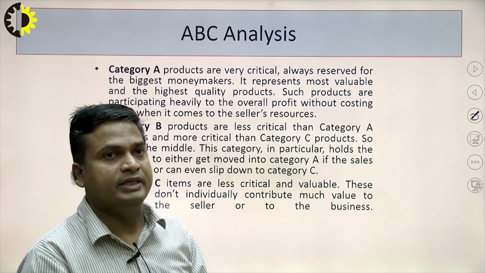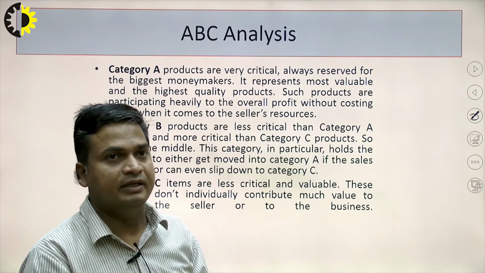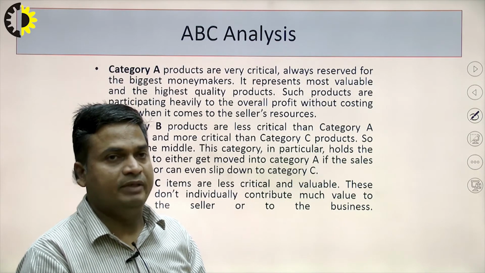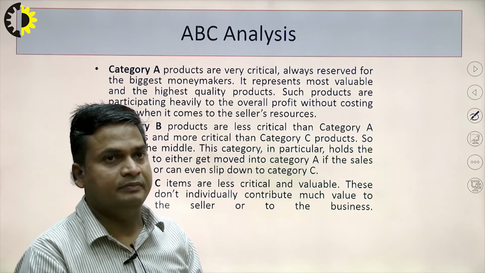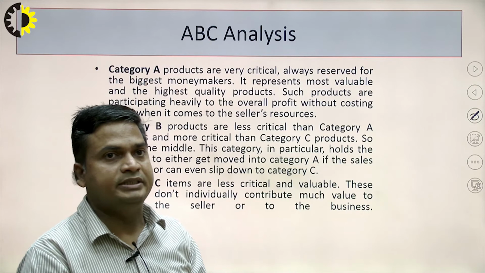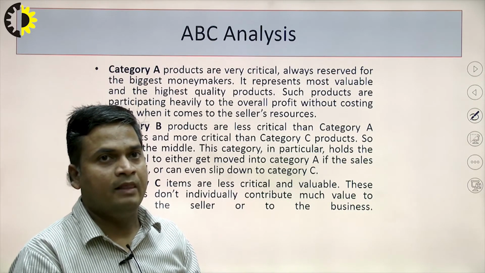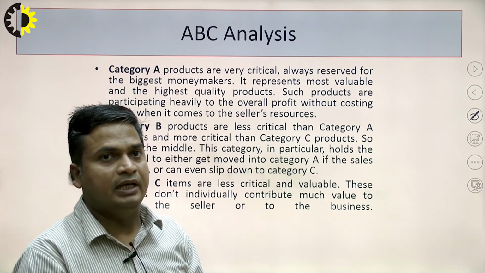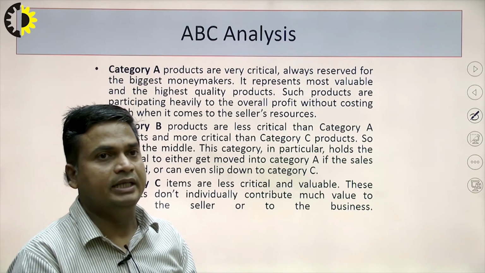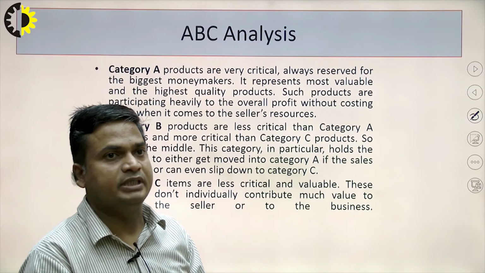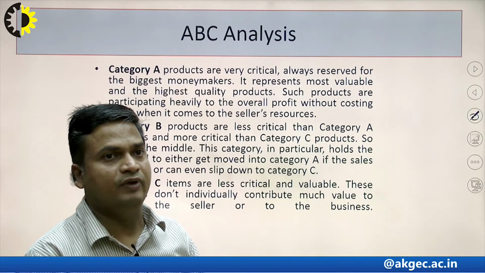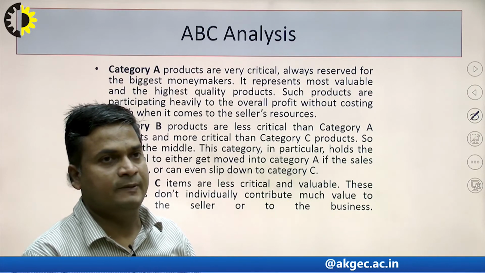So, like we can say pistons, these are very critical components, and they have the value of 70% of the total inventory, and the quantity is 10% of the total inventory. Products are very critical, always reserved for the biggest money makers. It represents the most valuable and the highest quality products. Such products contribute heavily to the overall profit without costing much when it comes to the seller's resources.